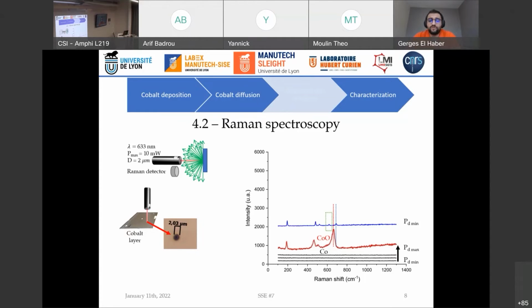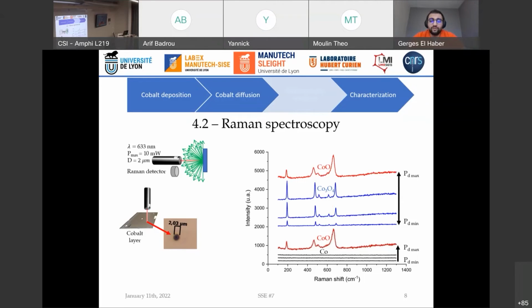Another method to confirm this is to compare it with the reference spectra of CoO, where we can see the presence of an upshift as well as the appearance of a peak at 624 centimeter minus 1, confirming another time that this is Co3O4, cobalt tetraoxide. And increasing the power density will induce the switch between the cobalt oxides at high power densities.